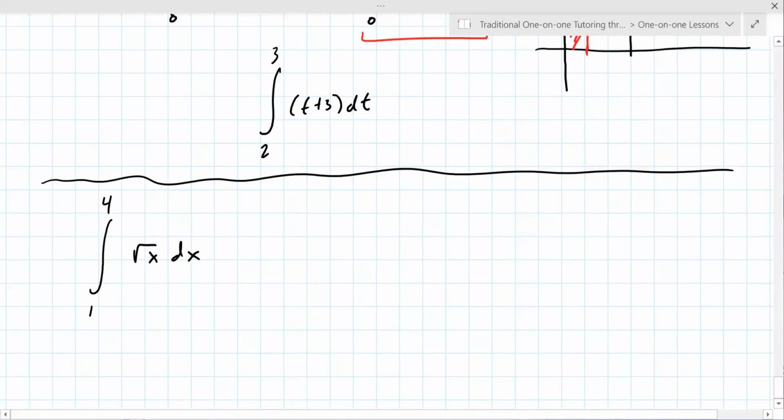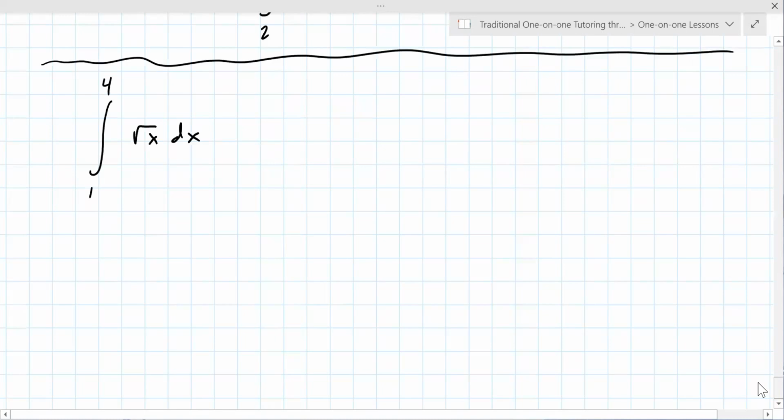Okay, so that's x, 1 plus 1. So then that's 3. It's x to the 3 halves over 3 halves. Is that right? Yep. Oh, okay, cool. At 4 and 1.